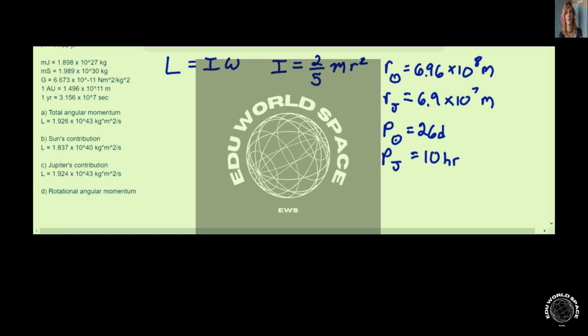We're given those numbers. The radius of the sun is 6.96 times 10 to the 8th meters. The radius of Jupiter is 6.9 times 10 to the 7th meters. In order to calculate this, let's start by calculating the angular momentum of the sun. L equals I omega. So the moment of inertia I is going to be 2/5 times the mass of the sun, same number we've been using throughout the problem, multiplied by the radius of the sun that we were given, squared, times omega.